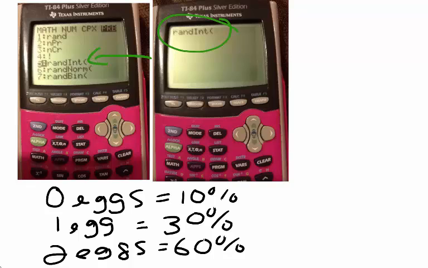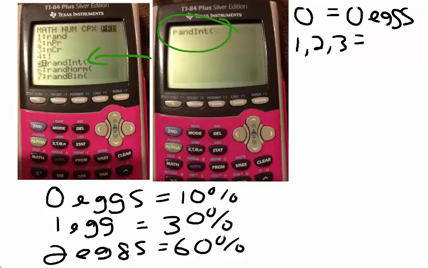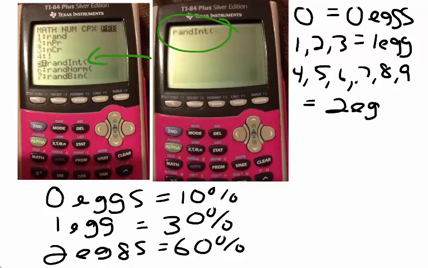One way to do it is to assign digits 0 through 9. When we run our simulation, if we get 0, then that corresponds to 0 eggs. If we get a 1, 2, or 3, that will correspond to 1 egg. If we get a 4, 5, 6, 7, 8, or 9, that corresponds to 2 eggs.